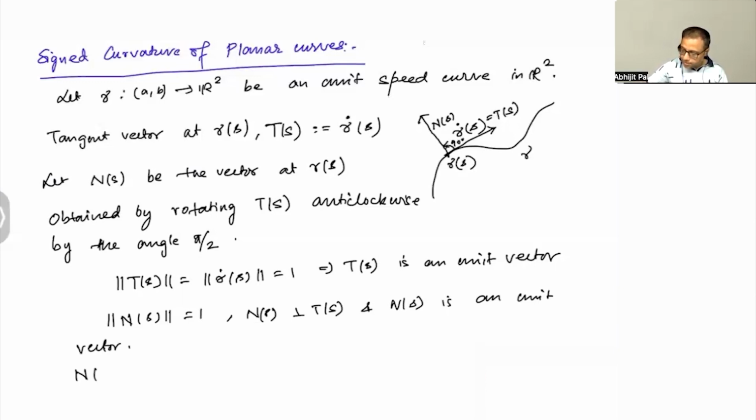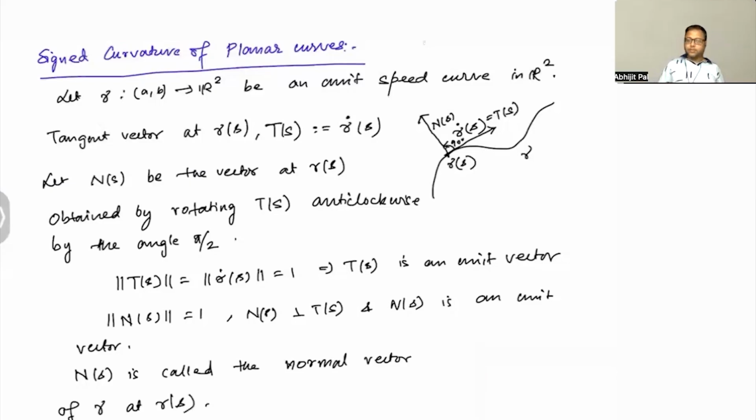This N(s) is called the normal vector of gamma at gamma(s). Okay, so this is the unit normal vector at gamma(s).